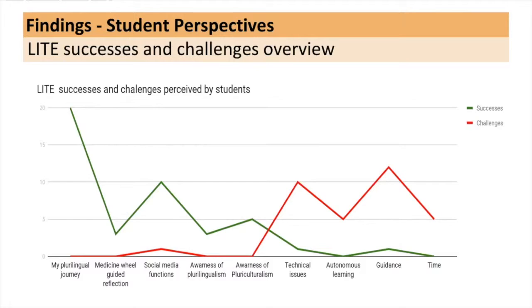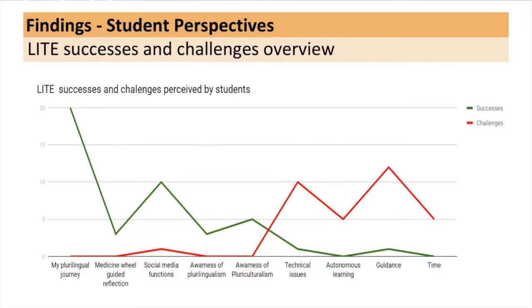The numbers are statistical. They show how many times the students have mentioned one of the themes that you can see on the horizontal axis. So, like my plurilingual journey, guided reflection, social media function, awareness of plurilingualism, awareness of pluriculturalism, technical issues, autonomous learning, guidance, and time. So these are the themes that we found by analyzing the data.